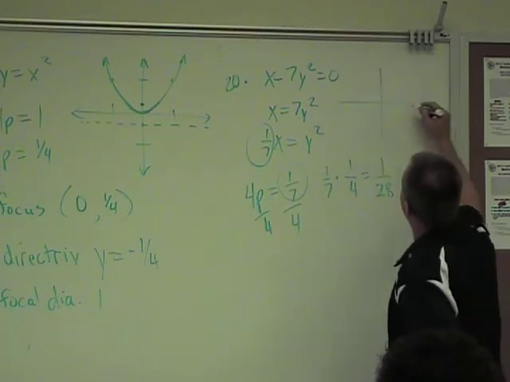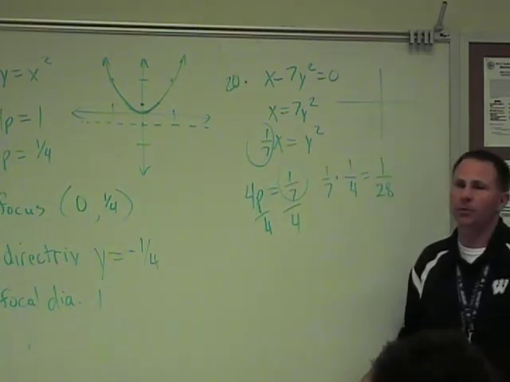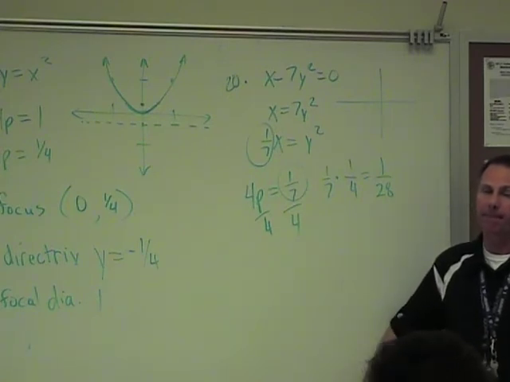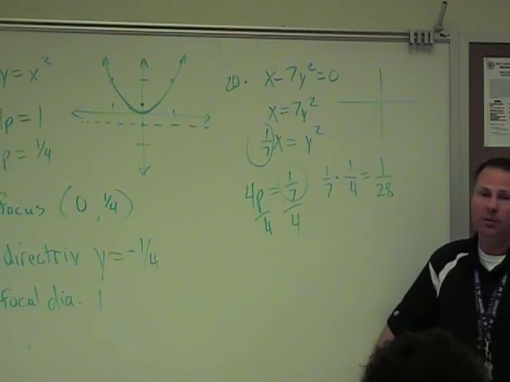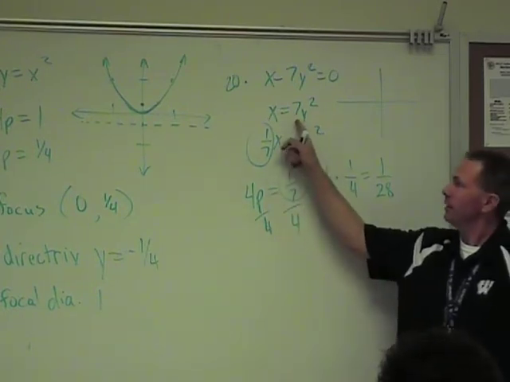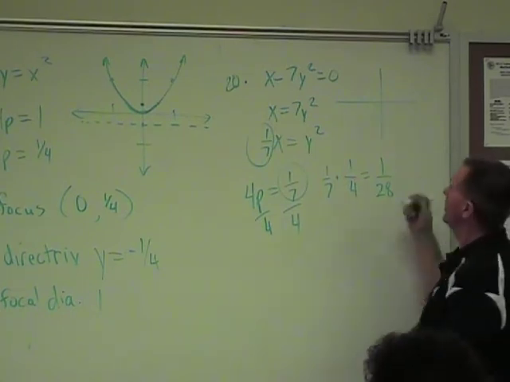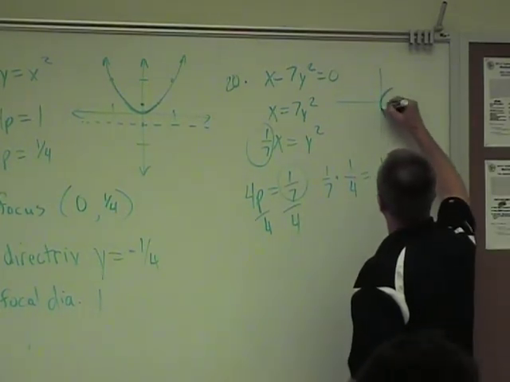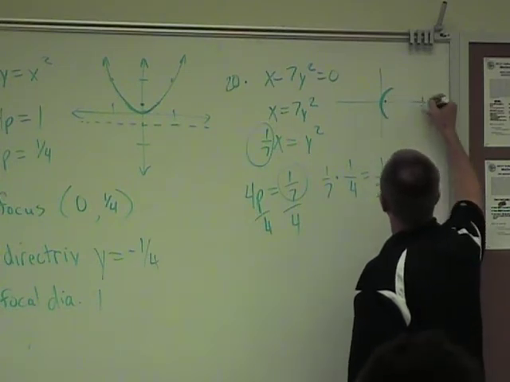Visually, we just put this up here. Is this a vertical parabola or horizontal parabola? Horizontal. Which way does it open? a is positive here, so it opens to the right. So it's going to go like this. 1/28 is really small, so that means 1 must be way out here.